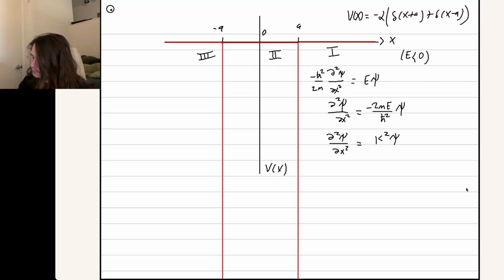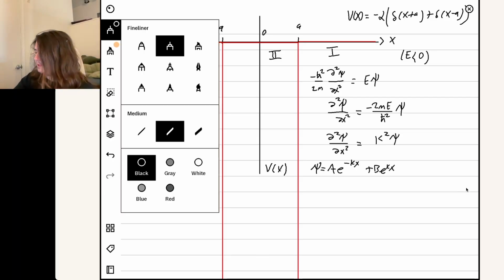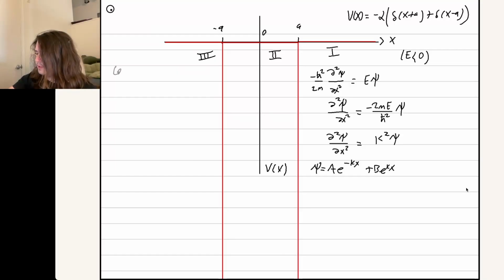The standard solution for this sort of thing is going to be psi equals A e to the minus kx plus B e to the kx. But considering that we have boundary conditions, this isn't going to work for all 3 regions. And that's not even the only class of solution, because we can also get odd solutions.